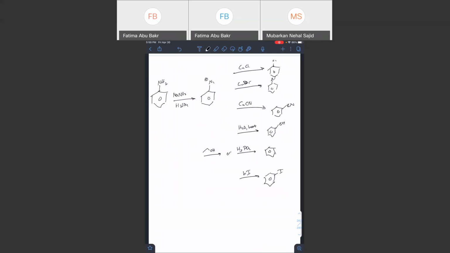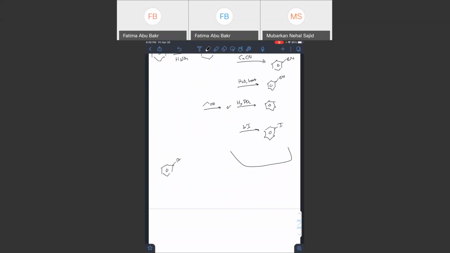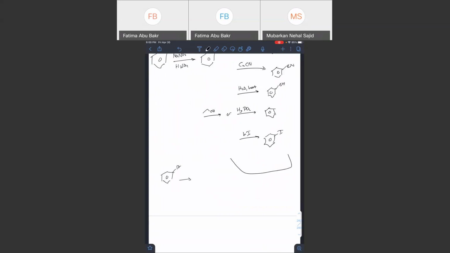Just to remind you, there are several ways of getting to these methods. The first step is you could start out with the halogen. That seems very necessary in general if you're going to create any of these. So you start off with a halogen, and then from there you could go to a CN or to an NO2.